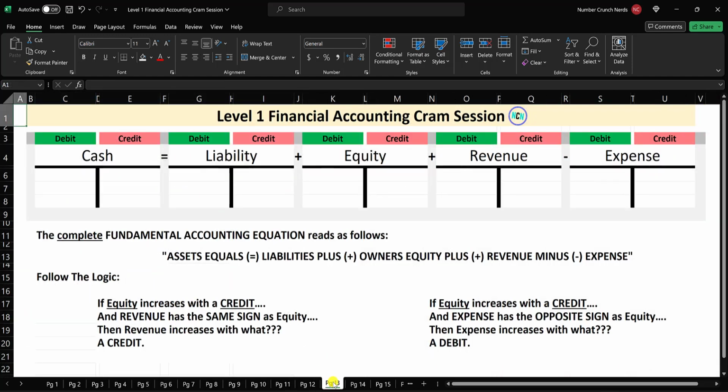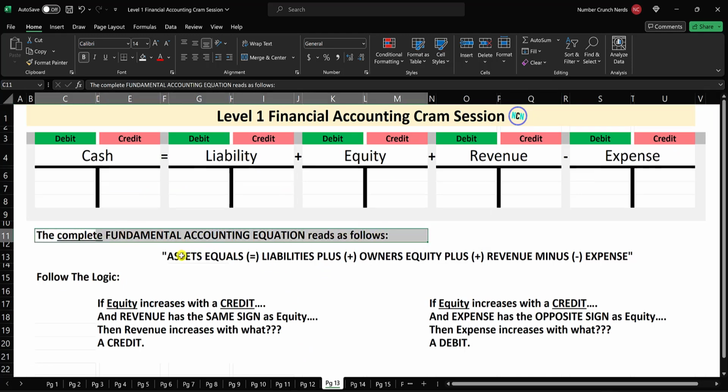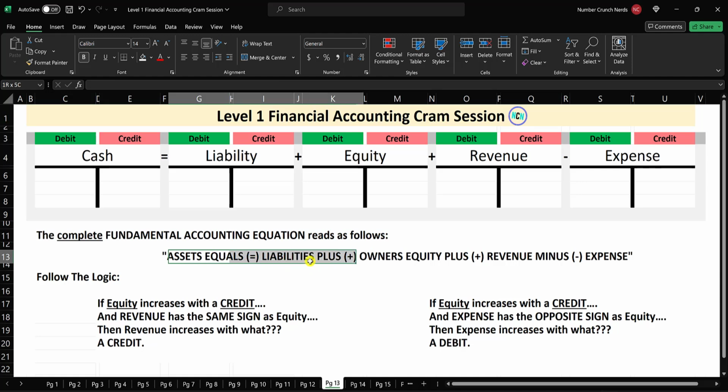Okay, next. The complete fundamental accounting equation reads as follows. Assets equals liabilities plus owner's equity plus revenue minus expense. Now I want you to follow the logic here.